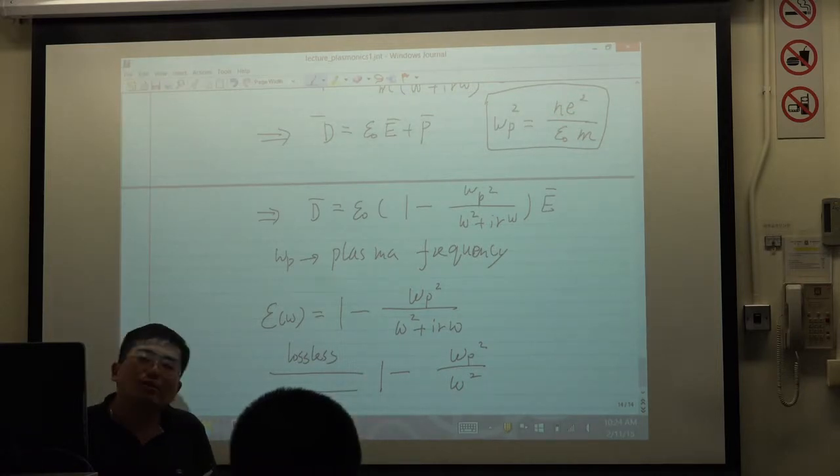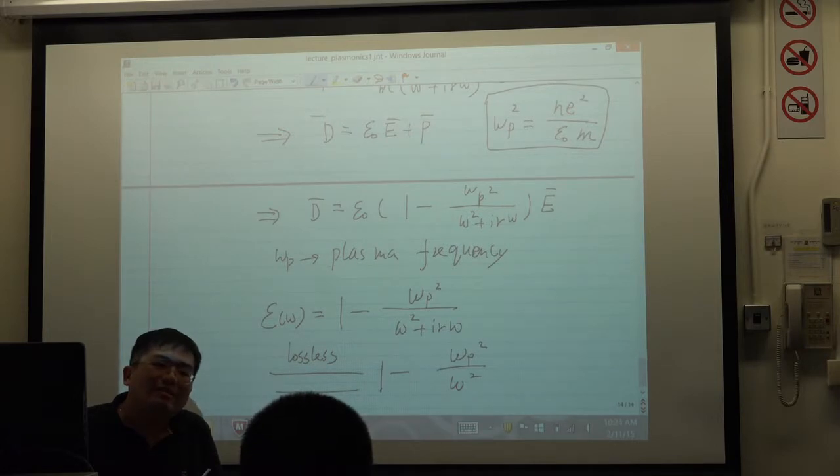If omega becomes very small, what happens? The epsilon becomes negative, right? So at long wavelength or low frequency, the permittivity of metal is negative. This is a very important and unique feature. We call it a single negative material.